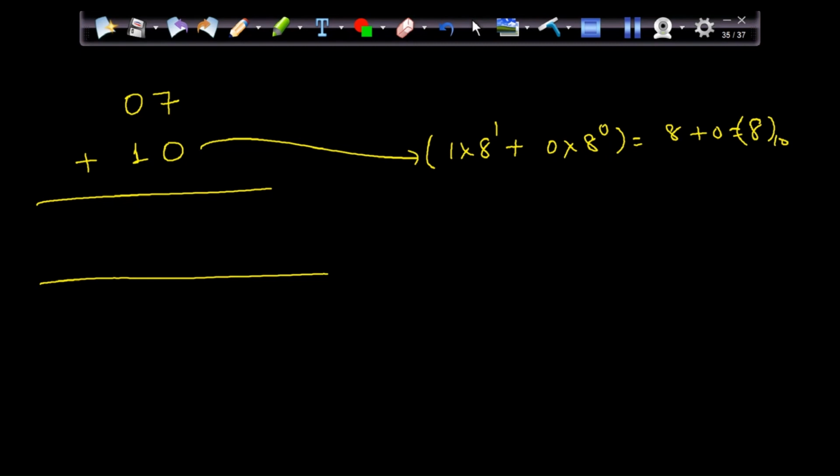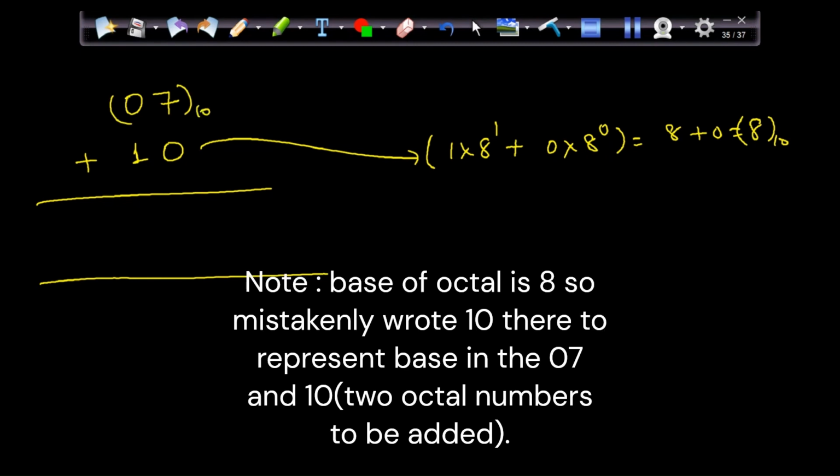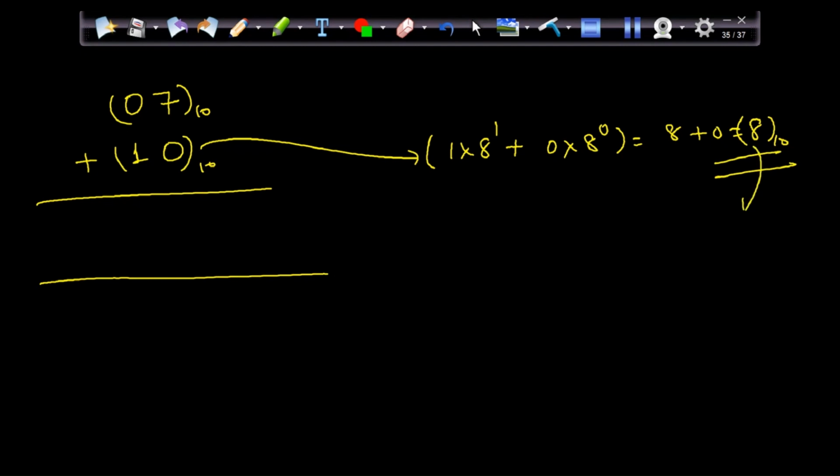Now it means what? 07 in octal plus 10 in octal means what? It means that you have to move 8 steps ahead of 07, right?